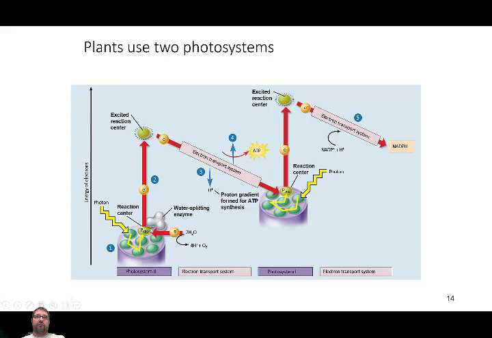There are quite a few individuals out there trying to make hydro engines, so cars that are run on water, motors that are run on water. And one way to get at that is to do what plants have been doing for 1 billion years, and that is split your water using an enzyme. If you can use an enzyme, a protein, to split the water, the electrons will be released, the energy will be released, oxygen will be released as a waste product. So that would be what's coming out of your engine.